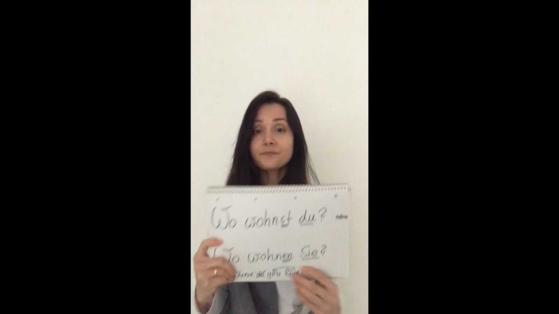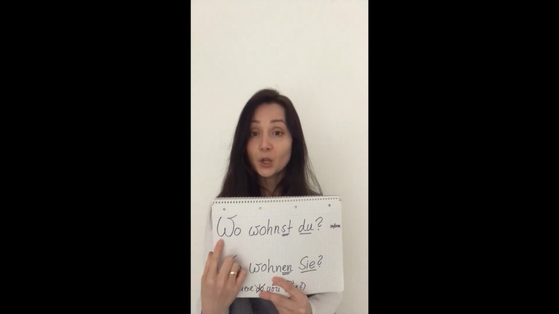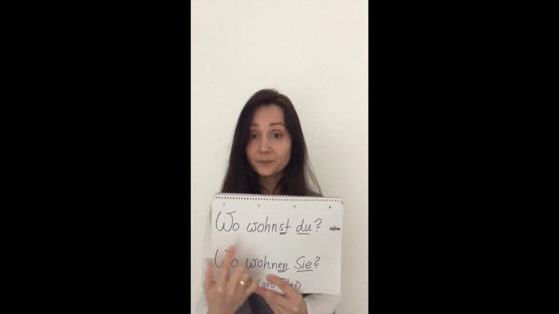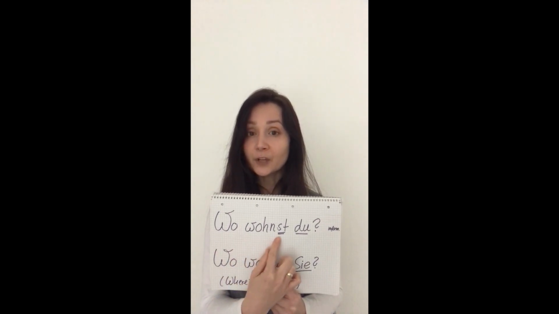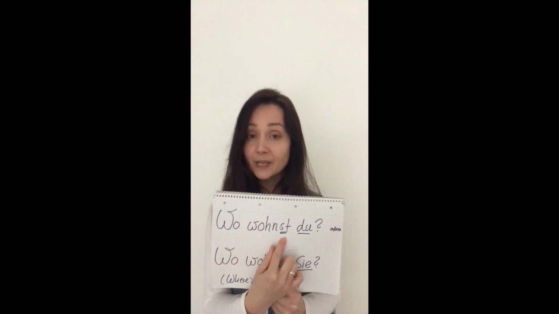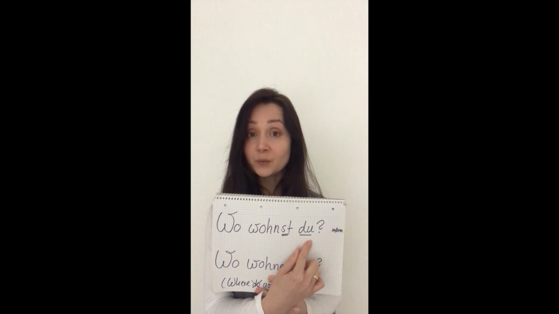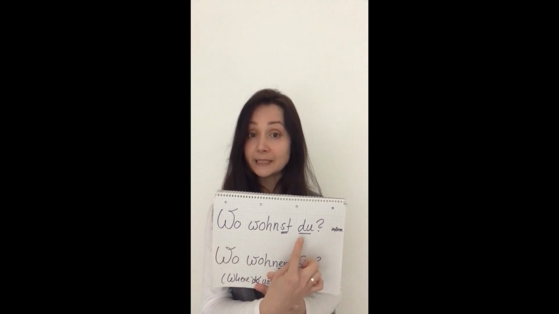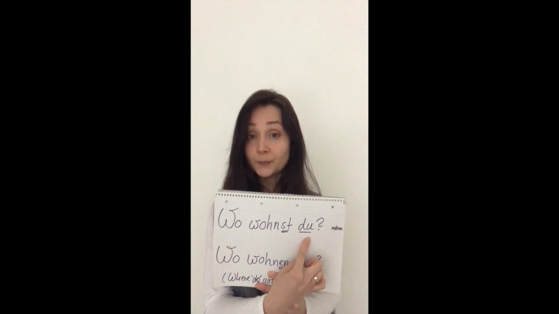So, now how do you say, where do you live? Now look at this. Wo means where. Then we put the verb on the second place, wohnst. And on the third place, we put the personal pronoun, for example, in this case, du.